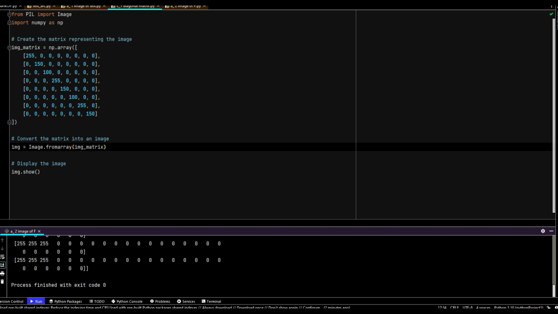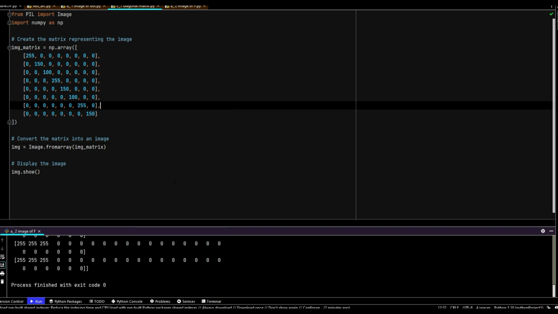Along the diagonal, values have to be present, and everything else should be 0. Not can be, should be 0. Of course, even the diagonal entries can have zeros. That's not an issue. Let me show this graphically. So that is your diagonal matrix. Along the diagonal we have different values, but everywhere else it is 0.